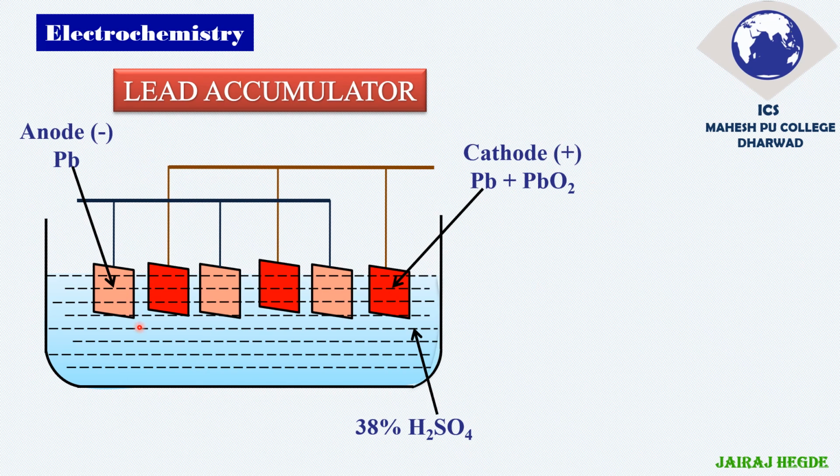Inside the fluffy lead plate, lead oxide is deposited. The positive plates are filled with lead oxide. The red portion that you can see is the cathode and the pale pink portion is the anode.